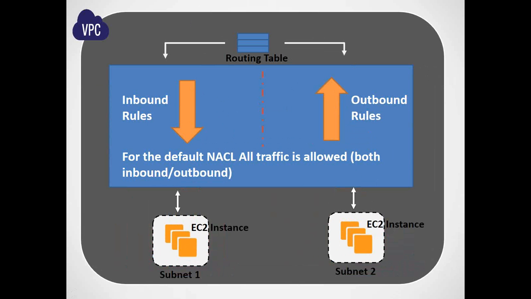So if you are creating the default VPC, then on your resources, you can connect and pass all kinds of traffic. There will be no restriction. On top of that, if you want to restrict something, then you set up a specific rule based on which it will not allow the traffic. But if not, by default in your VPC, all kinds of traffic can be allowed between the machines or between the machine and the internet. Okay.